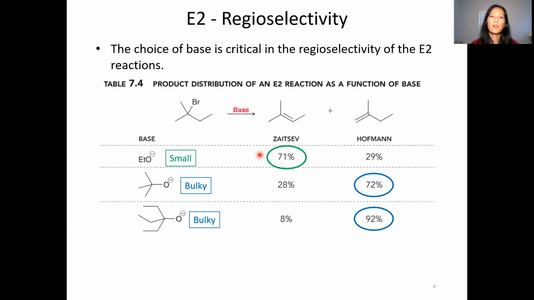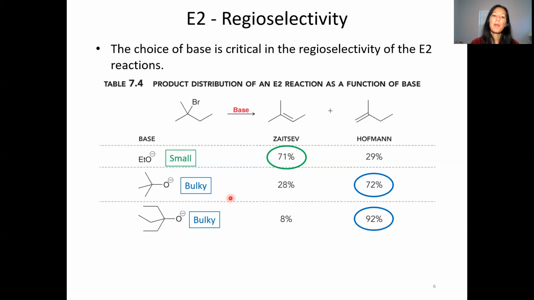So when you're trying to figure out regioselectivity, what's crucial for you to look at is the base that you're using. The reason is, if you have a small base, like ethoxide or hydroxide, you could get into that more internal beta hydrogen. So you could get in here, deprotonate, and make the Zaitsev product. That's preferred, especially when you have a small base.